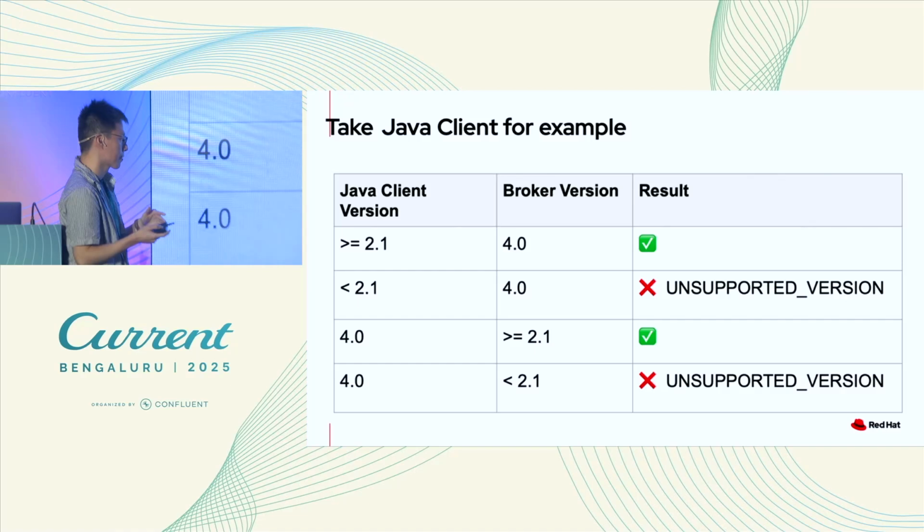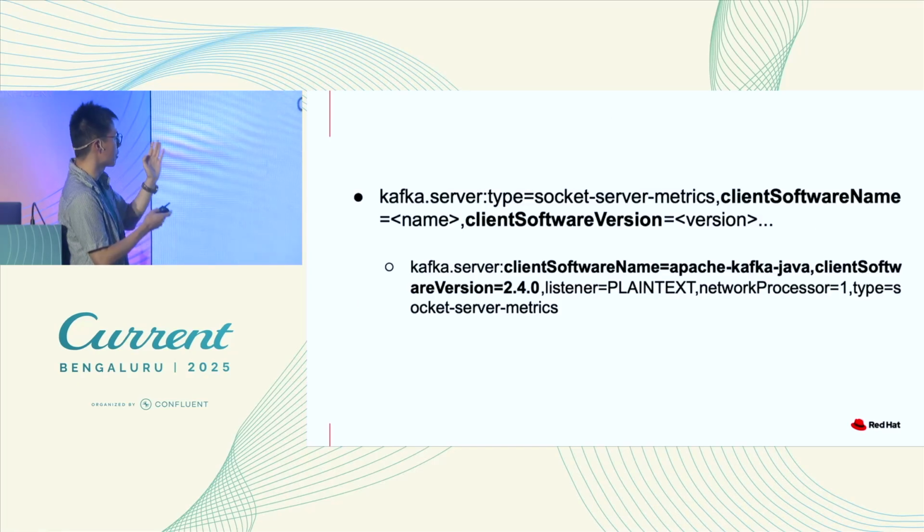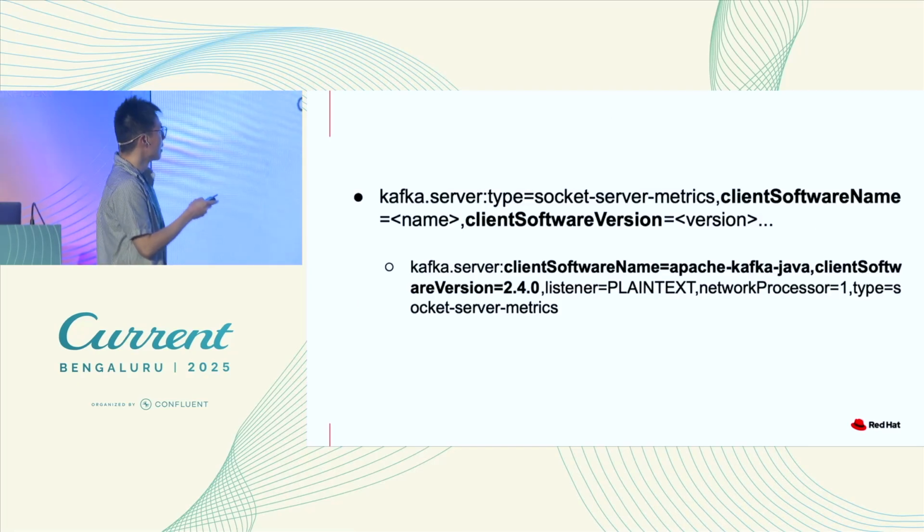And fortunately, or unfortunately, I don't know how to say that, we have a metric to help the broker know what client version they use, and of course the name. There's a metric called client software name and client software version.